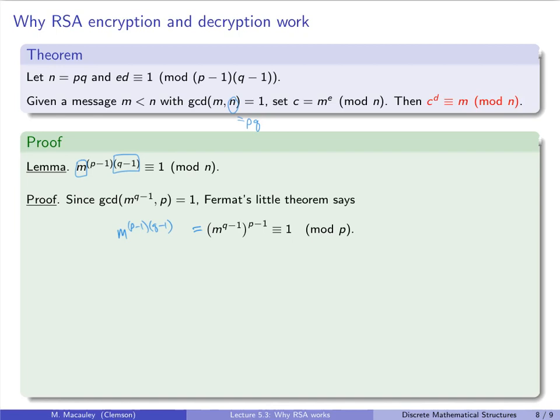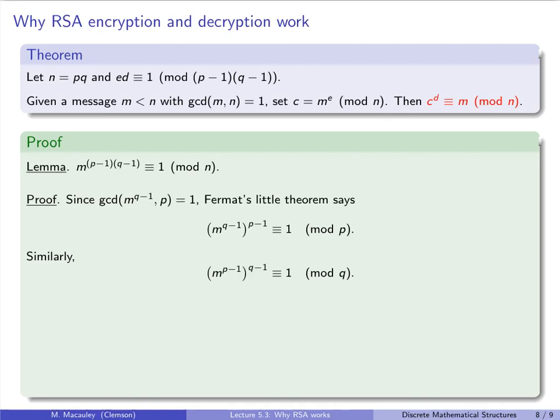So we just showed that this number, m to the (p minus 1)(q minus 1), is equivalent to 1 mod p, and of course by the same argument, but using p minus 1 instead of q minus 1, we get the same thing except mod q.